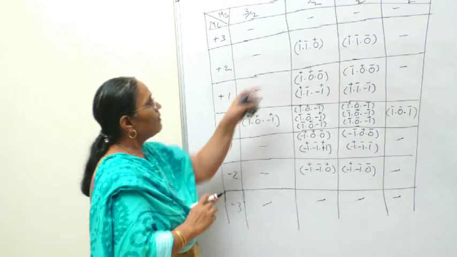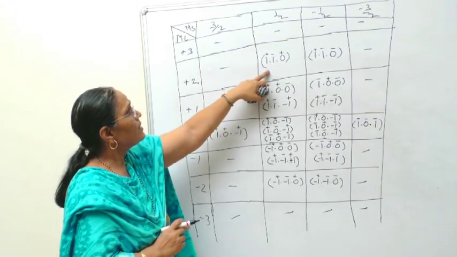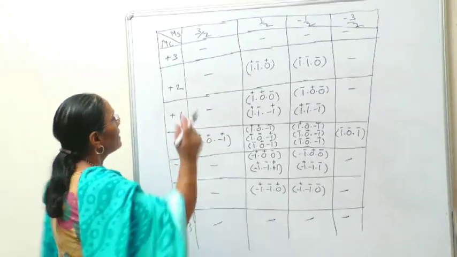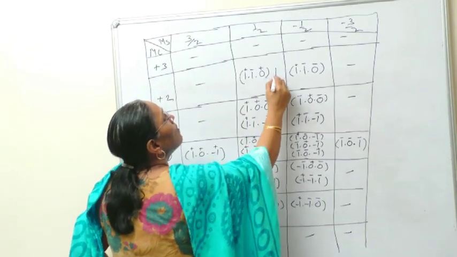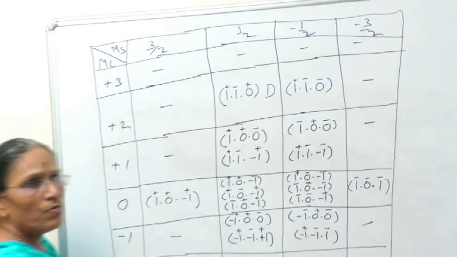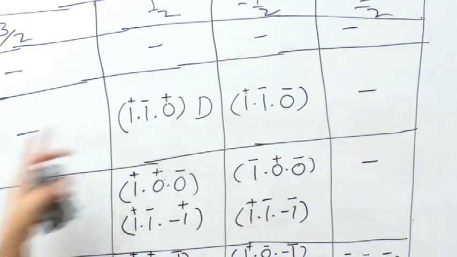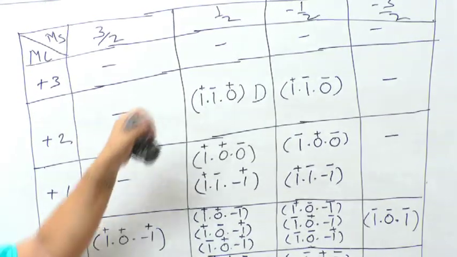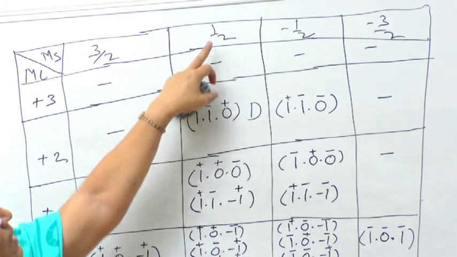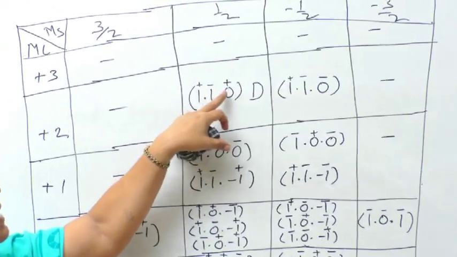So we begin with this first microstate, which has the highest ML and the highest MS value. As the ML value is plus 2, the term symbol for the term to which this microstate belongs is D, because the term symbol depends upon the ML value or orbital quantum number. Now the total spin for this microstate is plus 1/2, since plus and minus get cancelled.